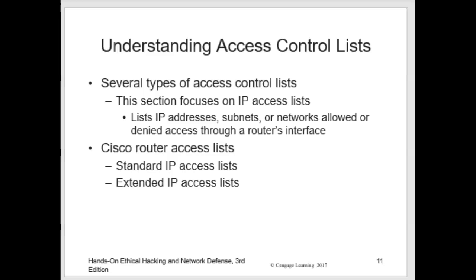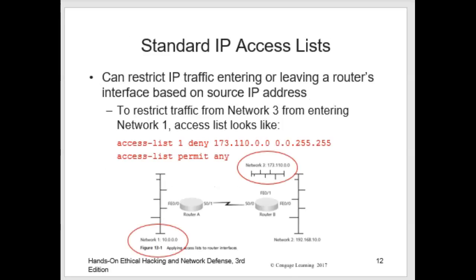Or an access list. Now, the Cisco administrator who wants to restrict all traffic from, in this picture, network 3 from entering network 1, they can create a standard IP access list that looks for the following access lists.